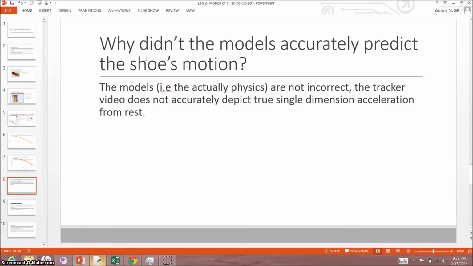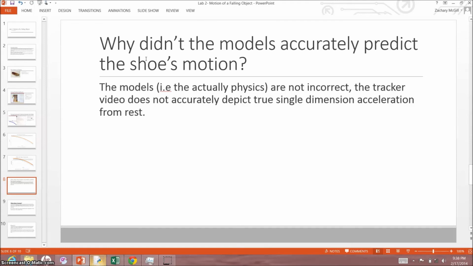Next, we're going to look at why the models aren't accurate in modeling the data. The problem lies with the actual experiment, not with the model or the physics. The shoe could be dropped with some initial force. The shoe may not be completely dropped in only the y direction. There may be some z movement.